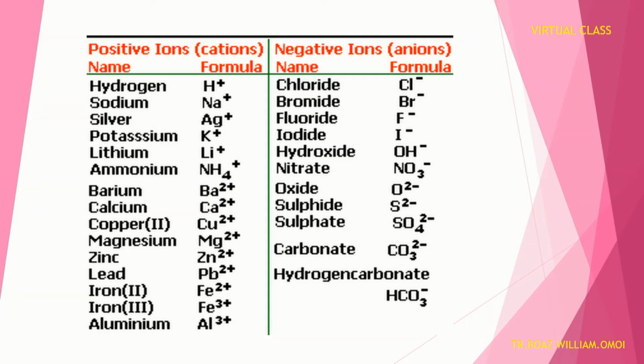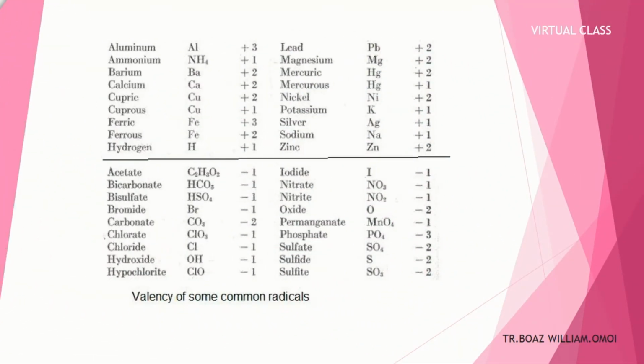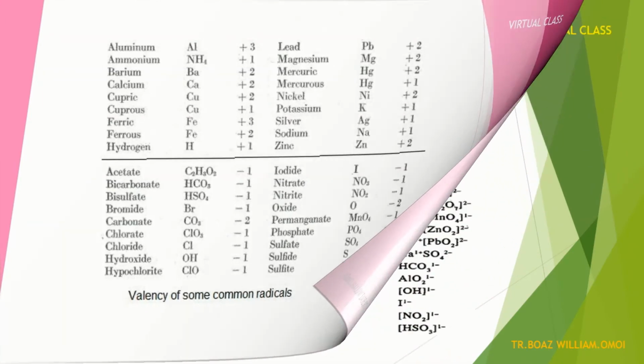But if an atom reacts, if an element reacts, it gains a new valency or it gains a new oxidation state. It gains a new oxidation number. So remember, an atom that has not reacted has no valency. The valency or oxidation state is 0. But if this atom reacts, it gains a new oxidation number. It gains a new oxidation state. And that is very important.